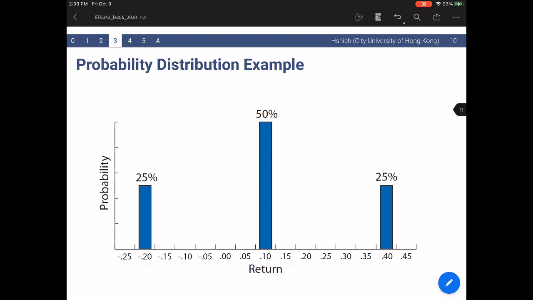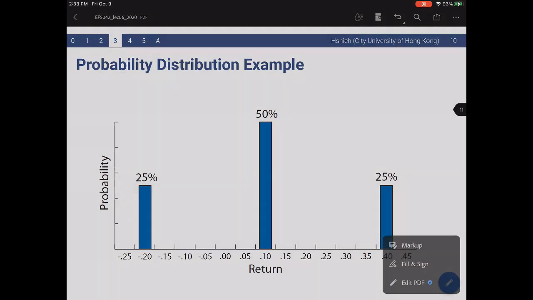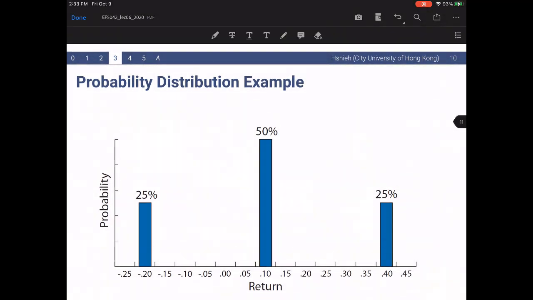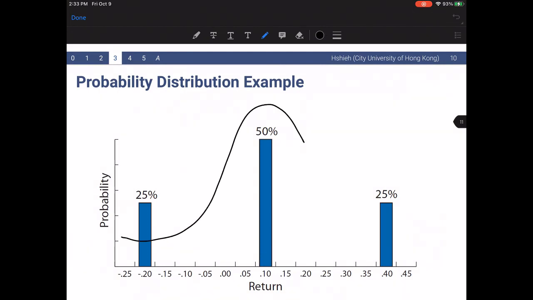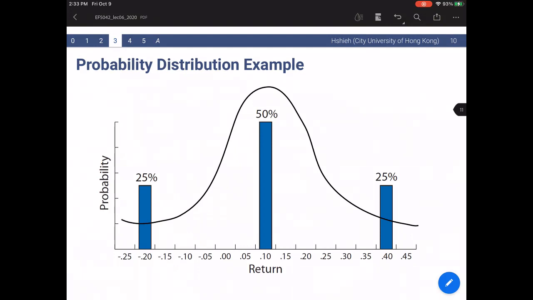And of course, this assumption is quite strict because we only assume there are 3 states in the world. In reality, we can assume there is a continuum. And so those of you who've seen a continuous distribution before, we can actually model it, make it look like a bell curve or something like that. But in any case, for our purposes, at least for exam purposes, we won't be talking about continuous distributions.